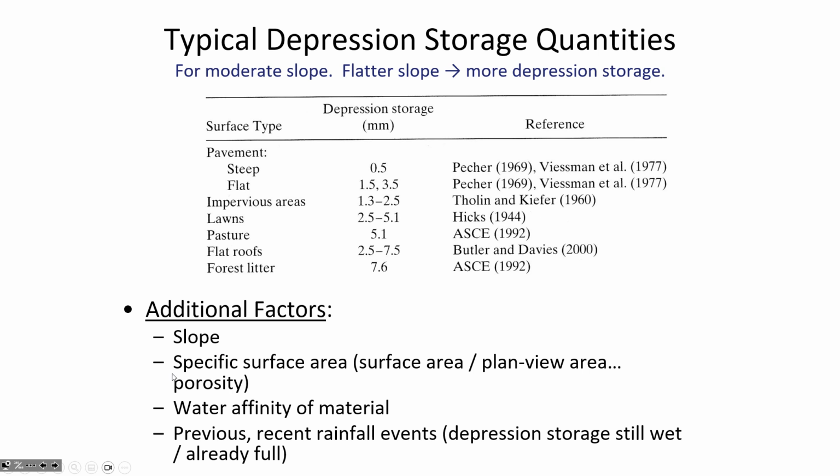And then you always have to keep the antecedent moisture condition in mind and whether it's been raining recently, because it could be that the depression storage is already fully saturated. It's not that every storm is necessarily going to experience the same amount of depression storage if in previous days there's already been moisture that's overcoming this needed abstraction.